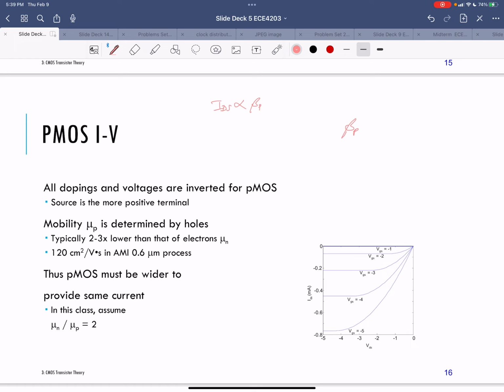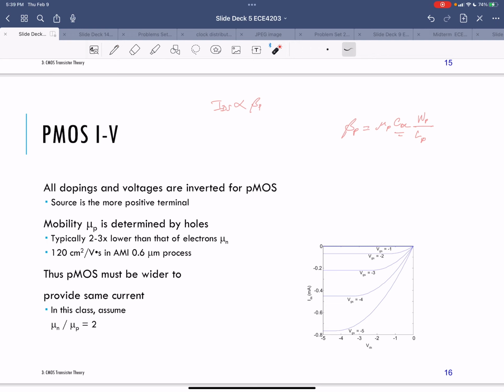But beta P is mu, the mobility of the holes, because the holes are your carriers in a PMOS transistor, times the capacitance density, times the width of the PMOS transistor over the length of the PMOS transistor.